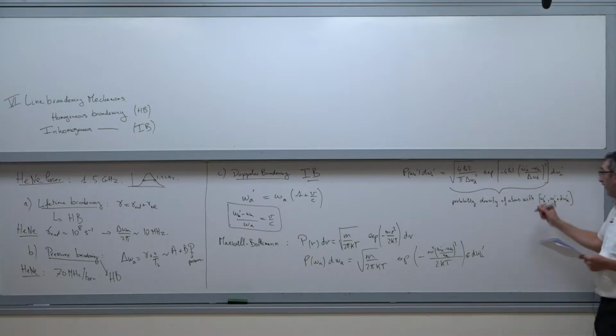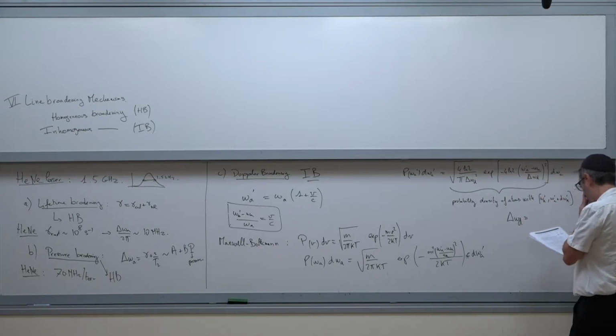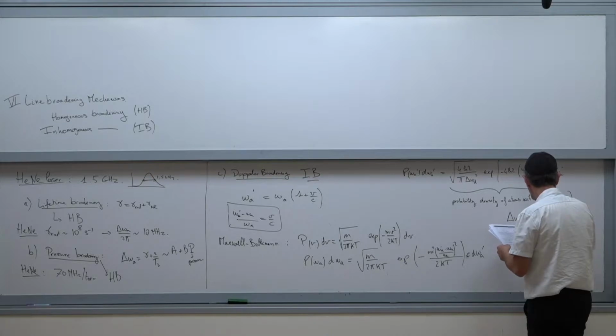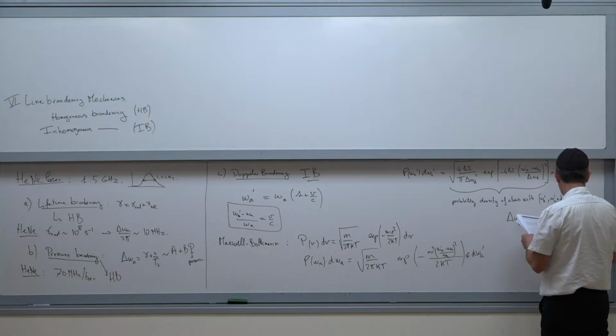And the expression for delta omega d is omega a times the square root of 8 log of 2 kT over mc squared.